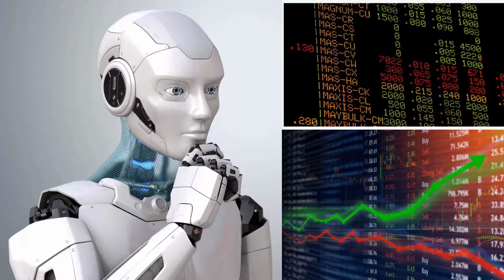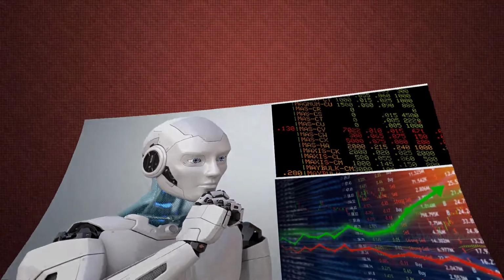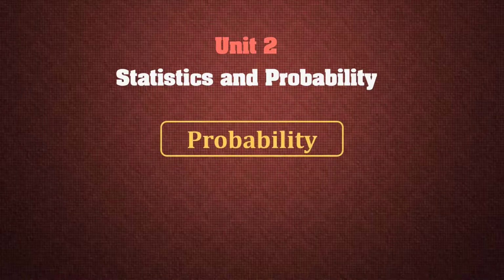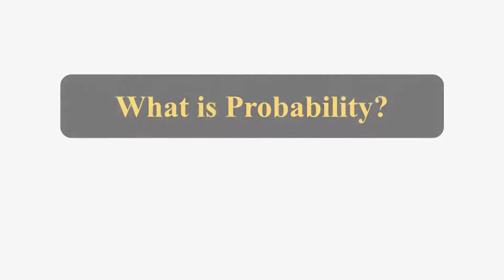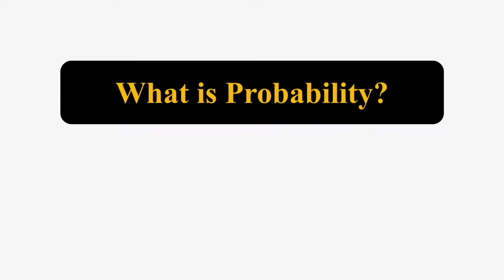Okay, we use probability to make decisions. So our session today is about probability, and we are gonna learn how to do math with things that only sometimes happen. They might be likely or unlikely. We are gonna learn about probability.